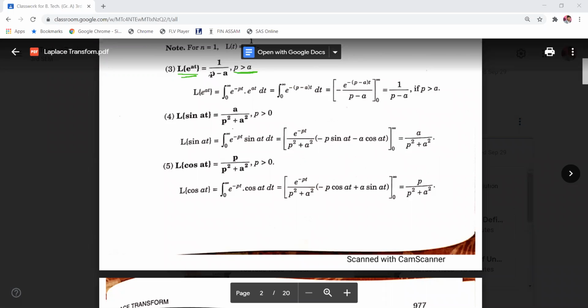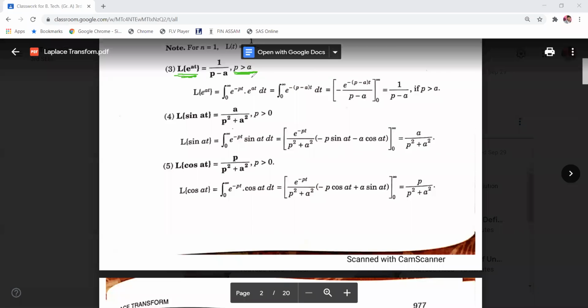Also p cannot be equal to a, because then the denominator becomes 0, so the Laplace transform does not exist. So the condition for existence is that p should be greater than a.